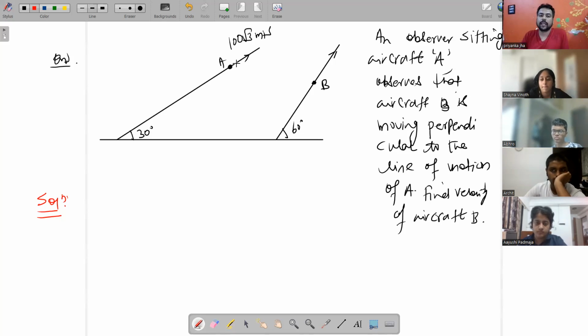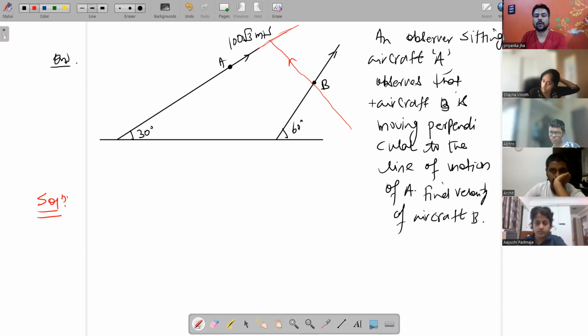So A is your observer, so bring this to rest. A will observe the motion of B. This is the line of motion of A, and he will observe that B moves perpendicular to this line of motion of A, like this.